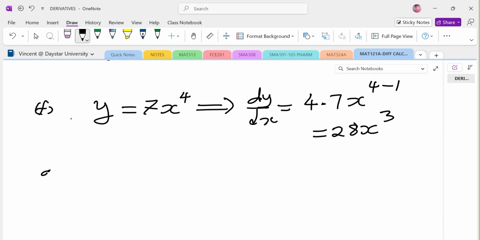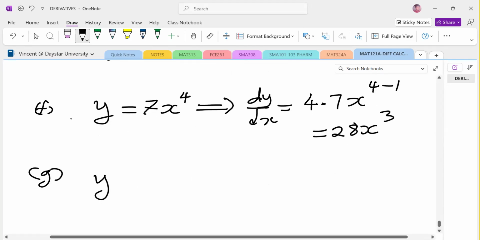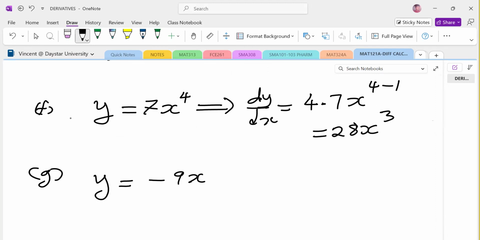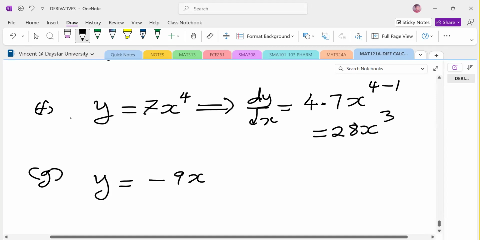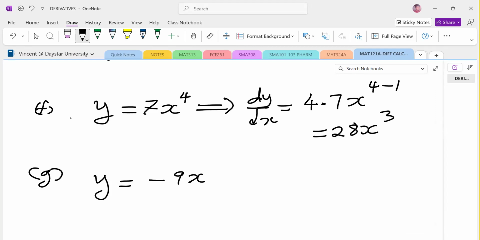Then g, y equals negative 9x. Can you find dy dx for minus 9x? Minus 9, because now the power of x is just 1.